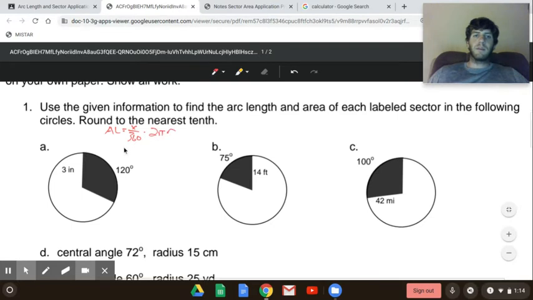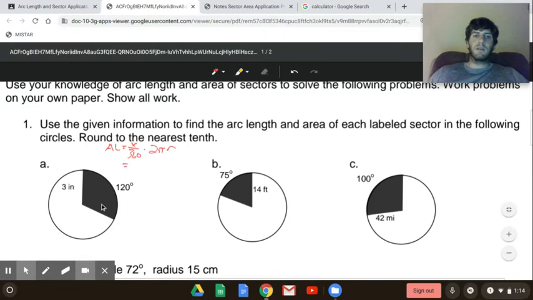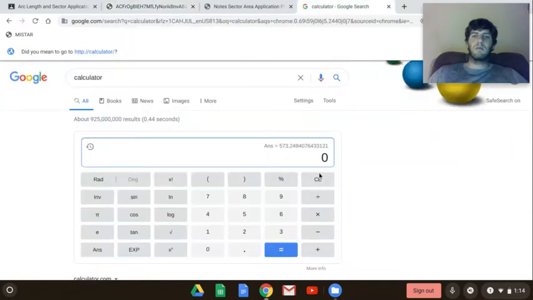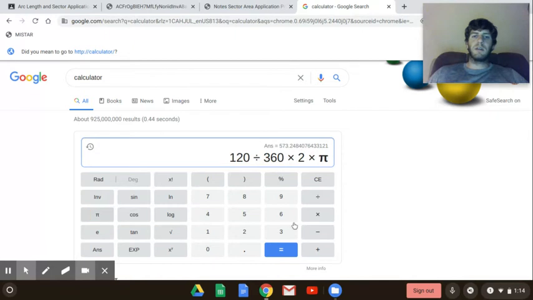In this case, we have a central angle of 120, so that's 120 out of 360, times 2 times pi times 3. You just put that in your calculator for arc length: 120 divided by 360 times 2 times pi times your radius.